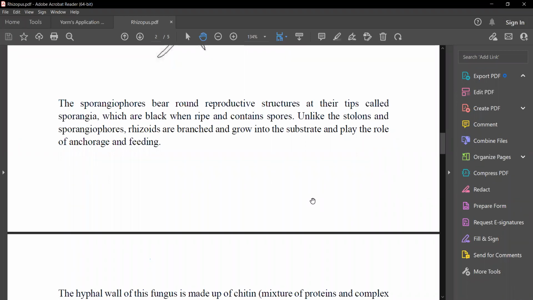Now, for roots, we know the role they play, and it's similar here for the Rhizopus. Here the rhizoids serve as a point of anchorage. If you have these mycelia forming on a suitable substrate, obviously they need support on the substrate, so you have these rhizoids playing that role.